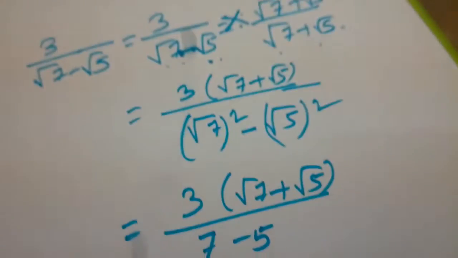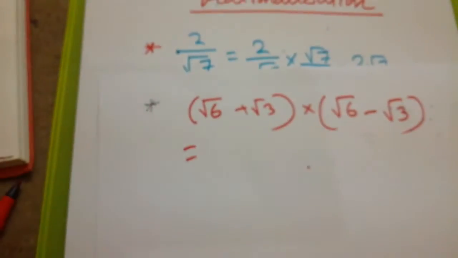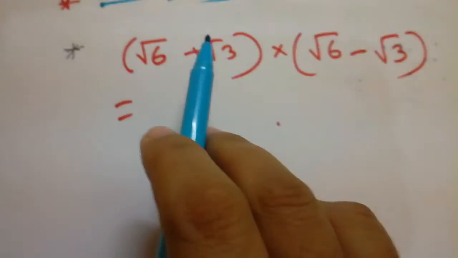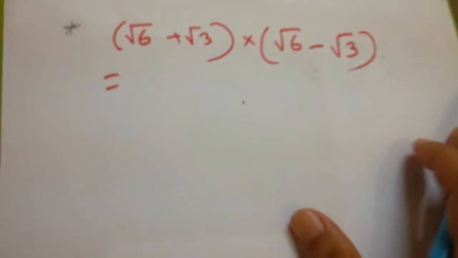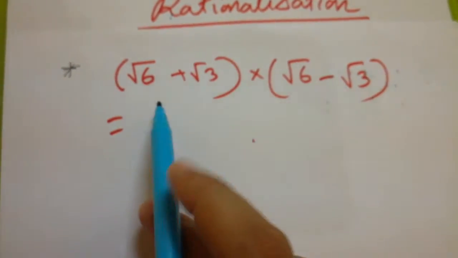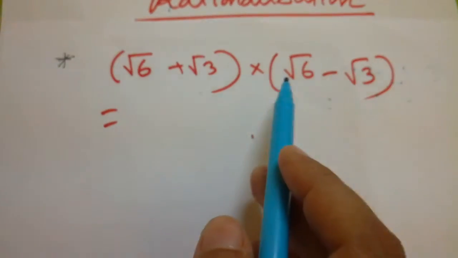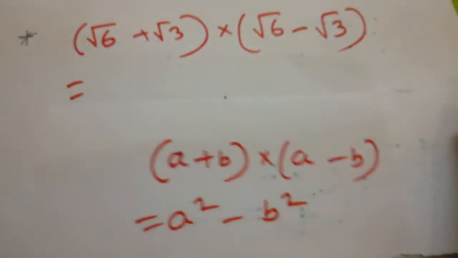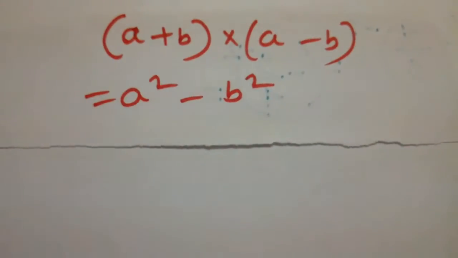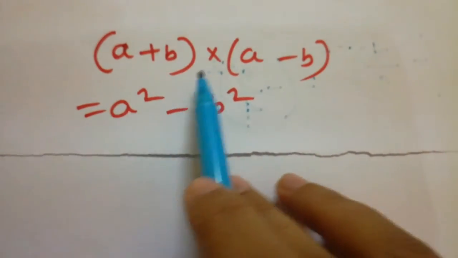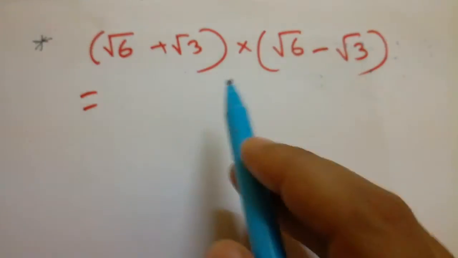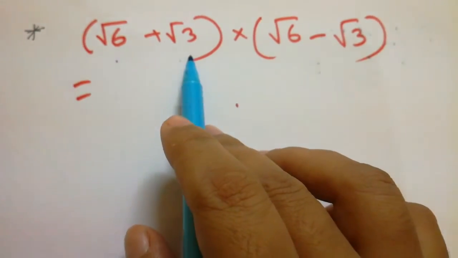And let's see another example. Here the problem is root 6 plus root 3 into root 6 minus root 3. Here we use the formula a plus b into a minus b equal to a square minus b square. And here a is root 6 and b is root 3.